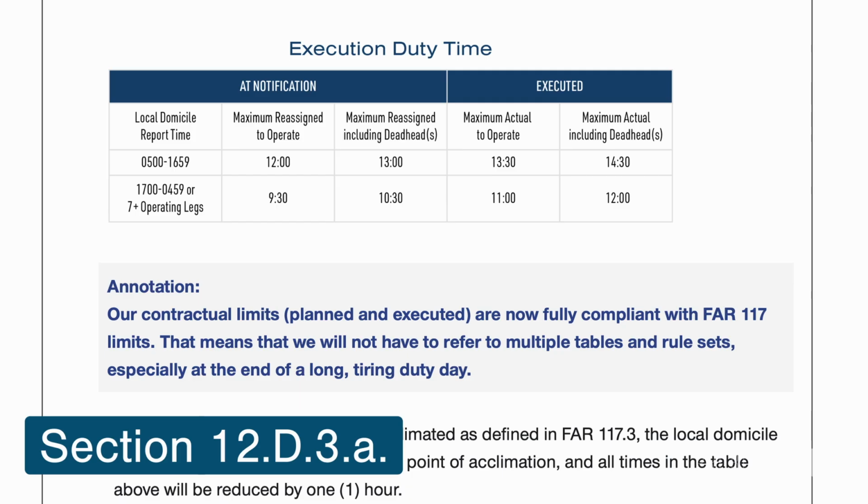As always, double check for yourself that everything looks okay. When you're looking at these tables in Section 12 Delta, especially in the middle of a chaotic day, it can get a little complicated. Take your time and don't be rushed. Ask for clarification if you need it. It is your joint responsibility, along with crew scheduling, to not accept an illegal assignment.